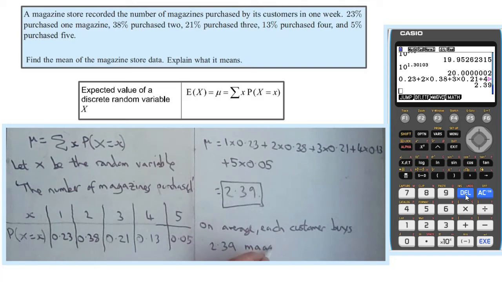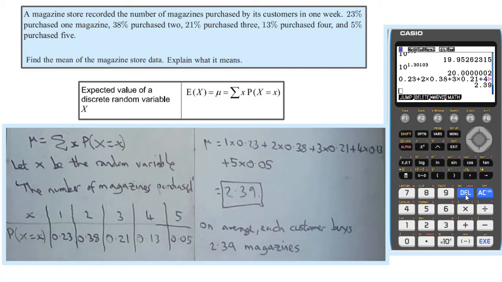Even though it's obviously impossible to do that, statistics like this are really, really useful for forward projections, thinking about how much money you're going to make, or what sort of stock you're going to need, that sort of thing.